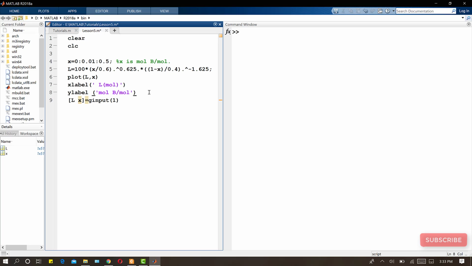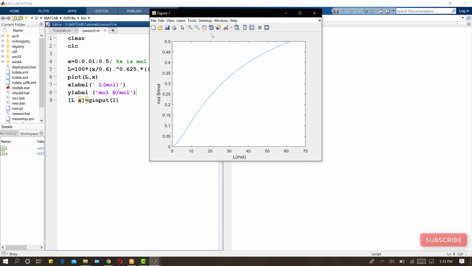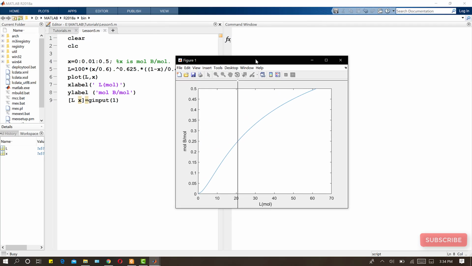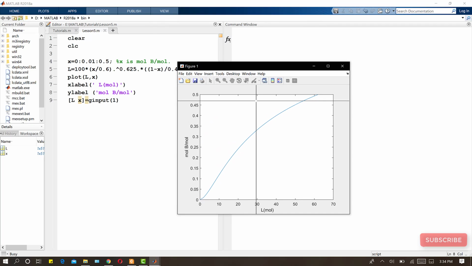Now if I execute this, press F5, we have this graph, and as we see, the range that we have selected for X is not enough to see the result at L equal to 70. So let me modify the code.